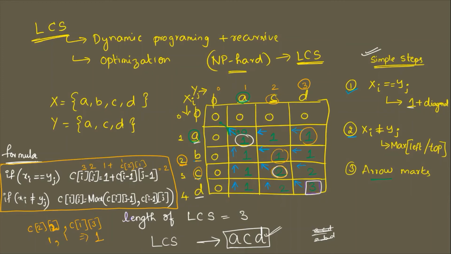Now let me explain the simple steps. You people will not leave the problem if you know this way. So let me take another string, A, B, C, D, B, something like that, and for Y, A, D, something, whatever I am getting in mind.